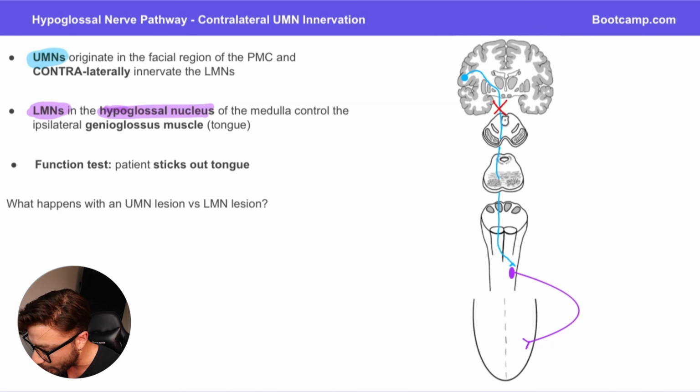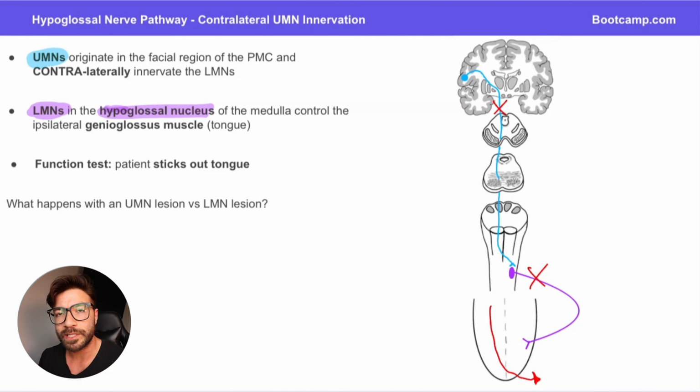Whereas if we have a lower motor neuron lesion, we're going to see ipsilateral tongue deviation. So this muscle would still be intact. When the patient protrudes their tongue, the tongue will deviate to the side of the weakened muscle. So if it's a lower motor neuron lesion, it's going to be ipsilateral. And if it's an upper motor neuron lesion up here, it's going to be contralateral.